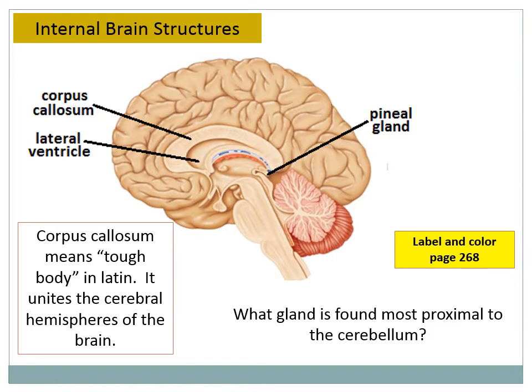All right, looking at some internal brain structures here, we have the corpus callosum, we have a lateral ventricle, and we have the pineal gland. So our corpus callosum, it means tough body. What it does is it unites the cerebral hemispheres of the brain. Your brain is not split into a left and a right side.